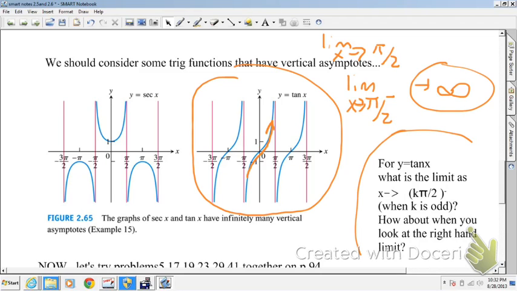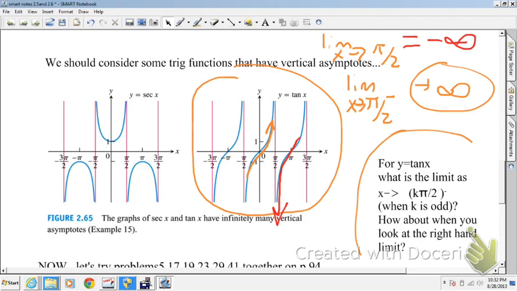Now I'll do this in another color. As I'm coming in towards pi halves from the right, what's the limit? Negative infinity. So the right-hand limit and the left-hand limit clearly are not the same, so therefore the overall limit doesn't exist.